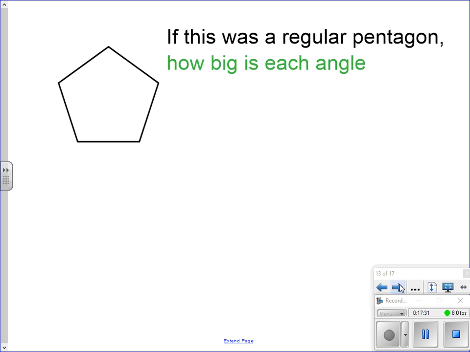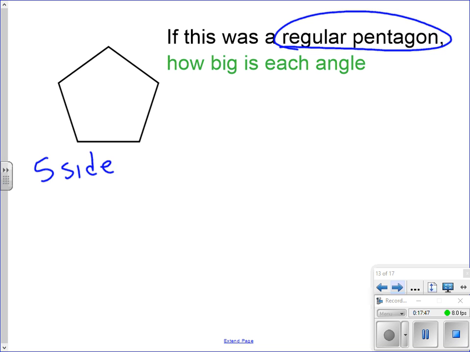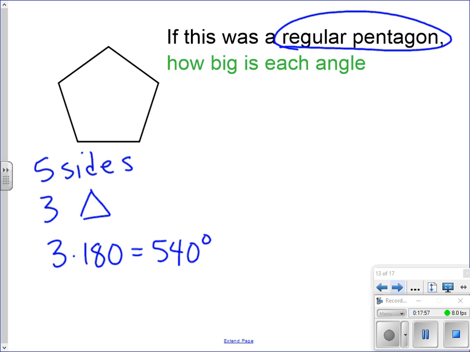Now, one last thing we want to discuss briefly before we go is that if it's a regular pentagon or polygon, each angle is exactly the same. So if you had a pentagon, that's 5 sides. That means you've got 3 triangles. That means 3 times 180, which we already said is 540. That would be the total of all 5 exactly the same size. So I would then divide it by 5 because there's 5 identical corners in here.